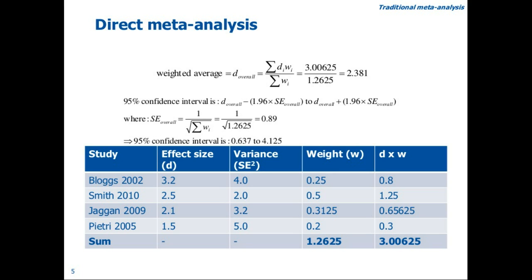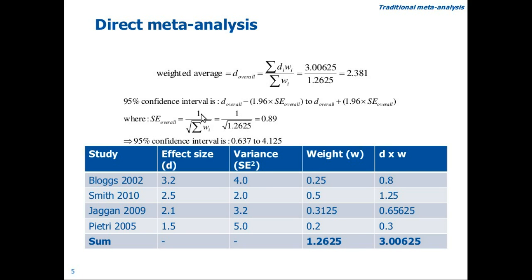Now handily, we can also calculate confidence intervals around this estimate using the standard error derived from the variances of the studies that we've included. So to calculate that, we simply say that the sum of our weights is 1 over our variance.